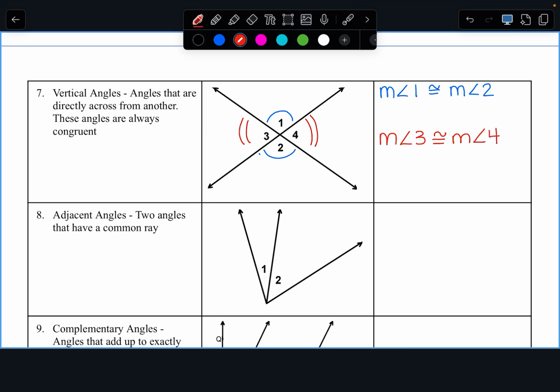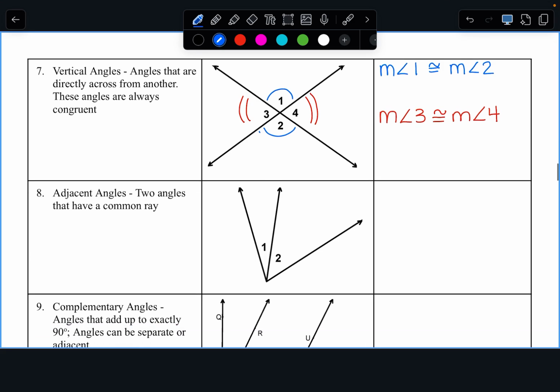And these are called vertical angles. Okay.